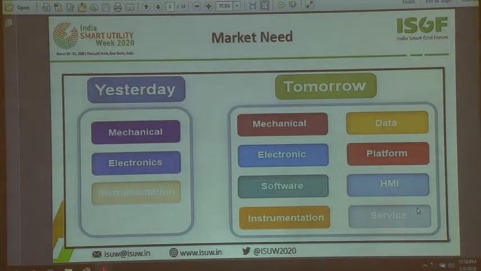What we observed is, earlier a typical sewage treatment plant would have mechanical, electronics, and some basic instrumentation. Instrumentation was limited to only lab instruments as far as sewage was concerned. After the treatment, the water was analyzed in the lab, and that data was kept to make sure that in the further treatments some improvements are taken care of.